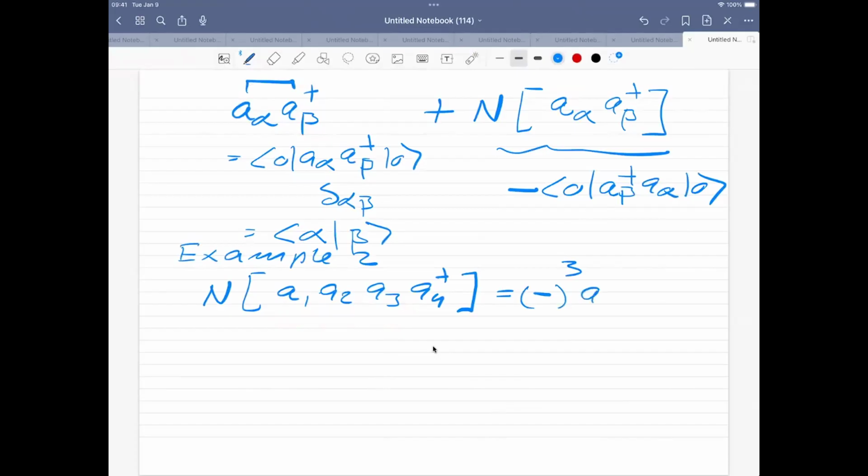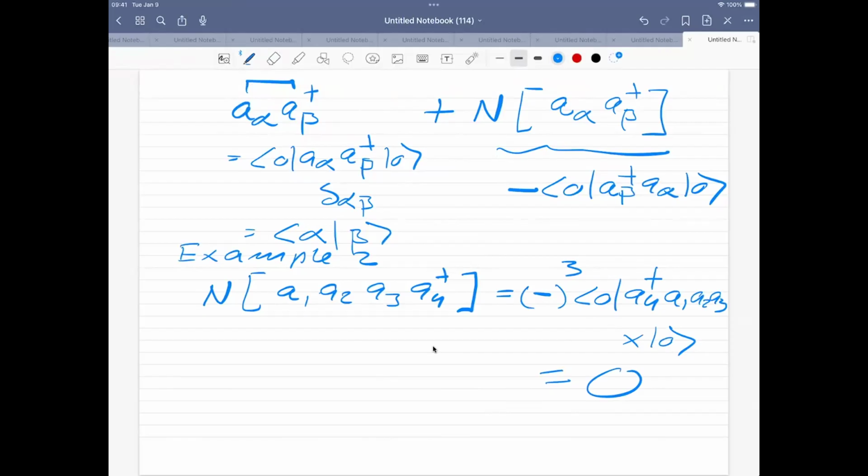And then I'm going to have an A4 dagger. Let me just rewrite this one. So I'm going to have a 0 here, and I will have an A4 dagger, A1, A2, A3, multiplied with the vacuum state. And this is obviously equal to 0. So a normal order product of operators is always equal to 0. Okay?